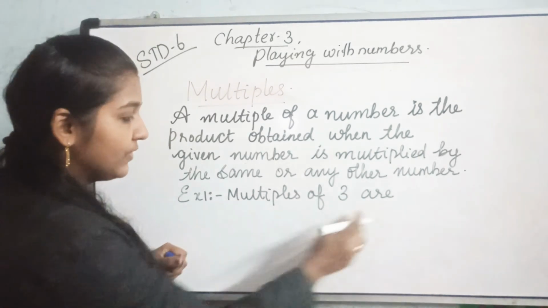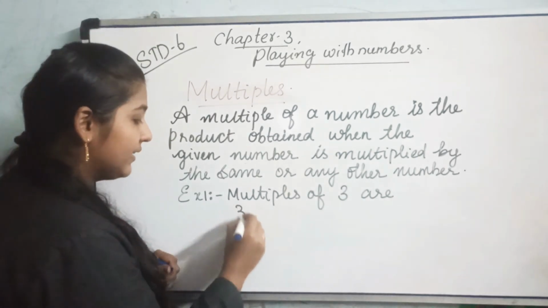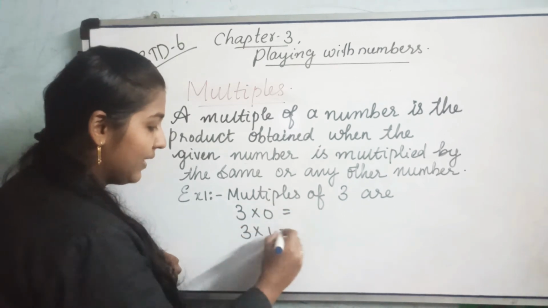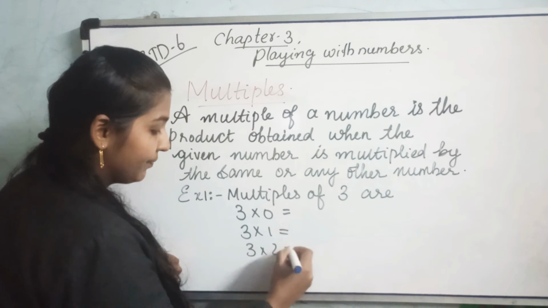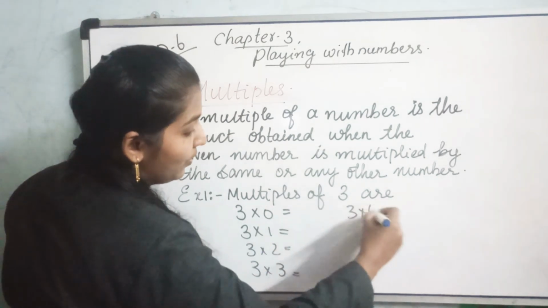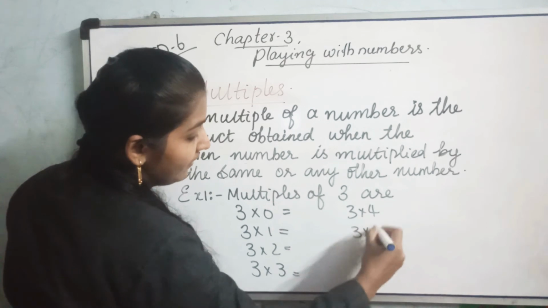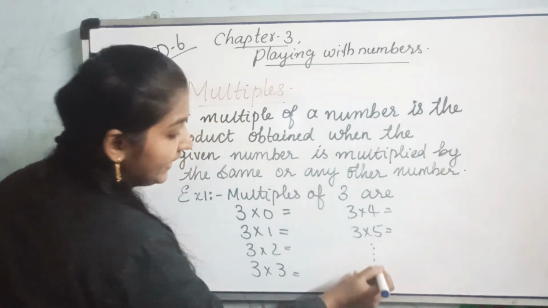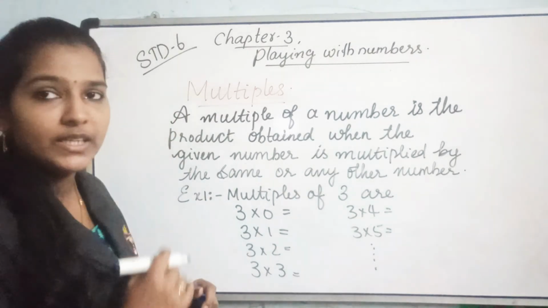So multiples of 3 are: I am multiplying 3 with 0 first, then 3 with 1, 3 with 2, 3 with 3, 3 with 4, 3 with 5, etc. We can take any number of multiples for a given number.